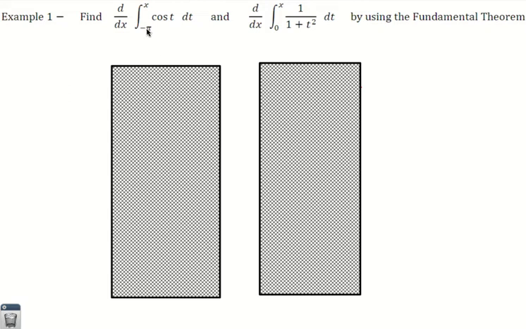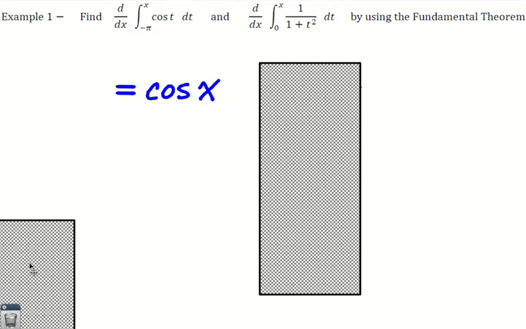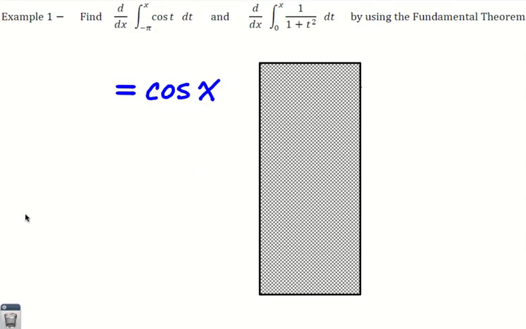And here my a value just needs to be some number, negative pi. And so the final answer to this derivative is cosine of x. And that's it. It's just that simple.